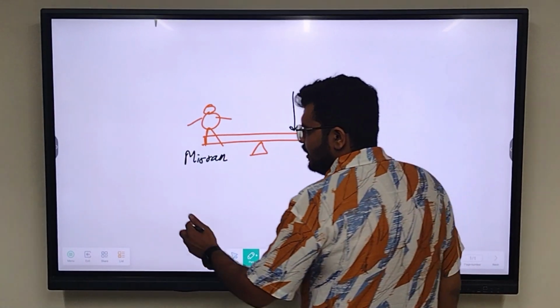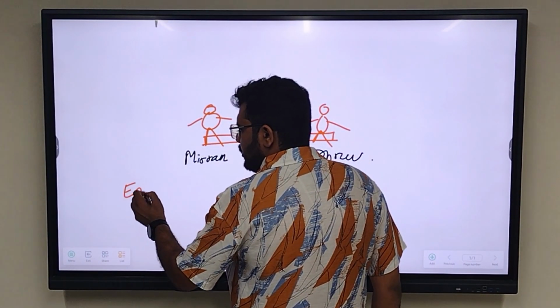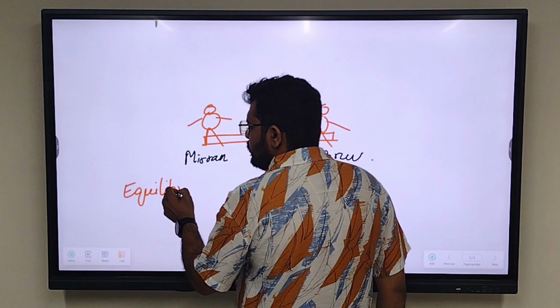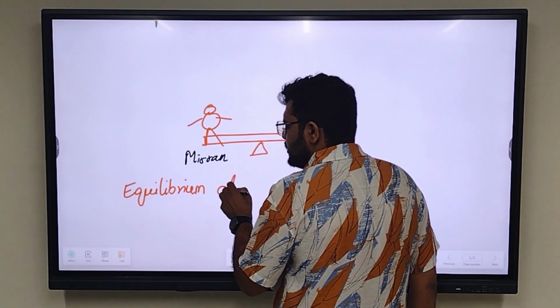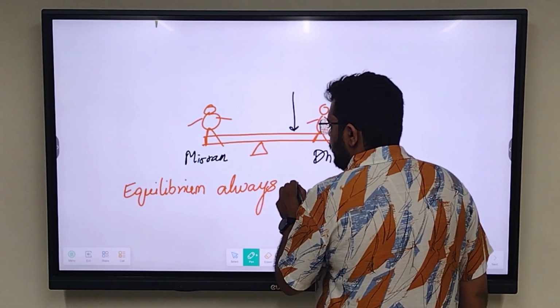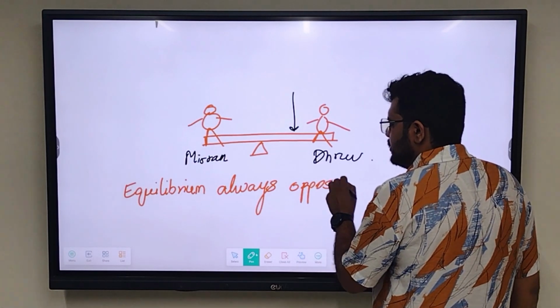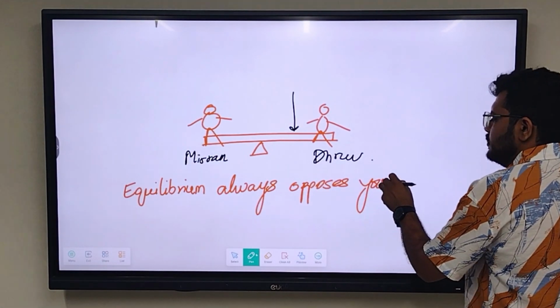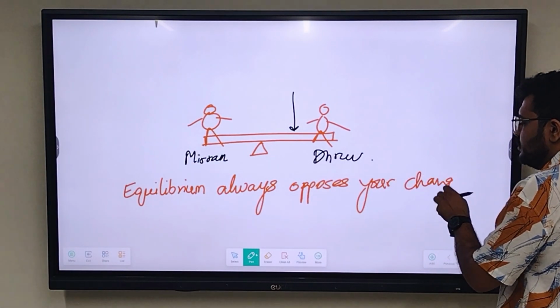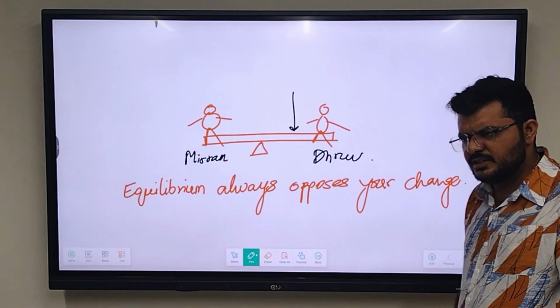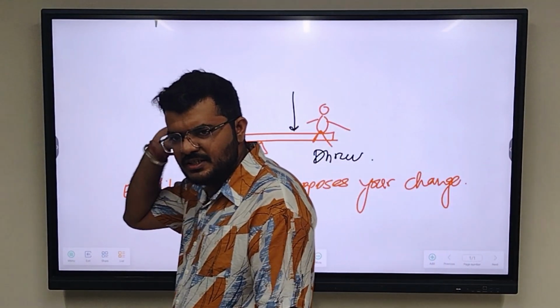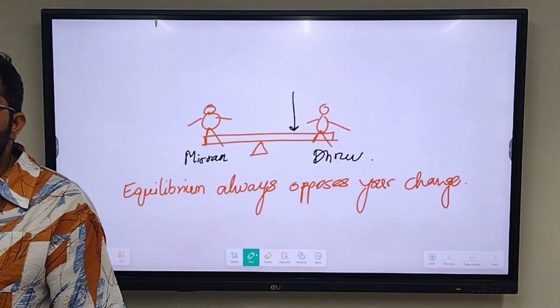So can I write it like this, that equilibrium always opposes your change? Make sense? In this example, बाद में लिख लेना, अभी सुन.